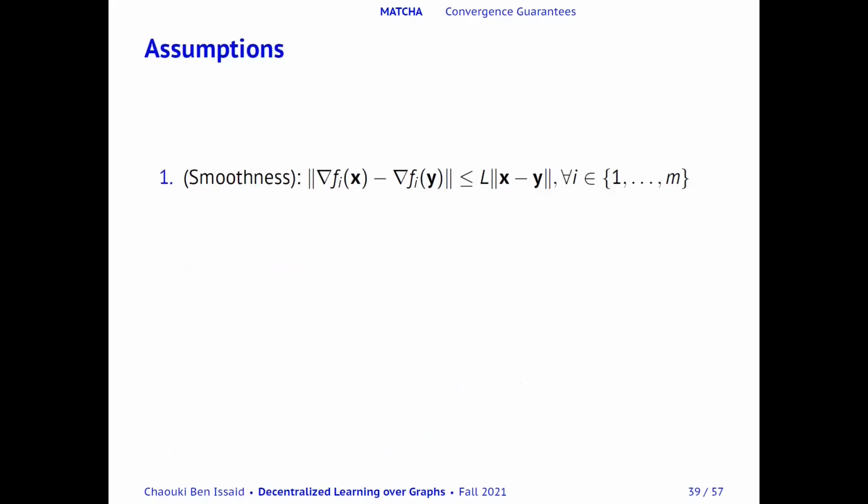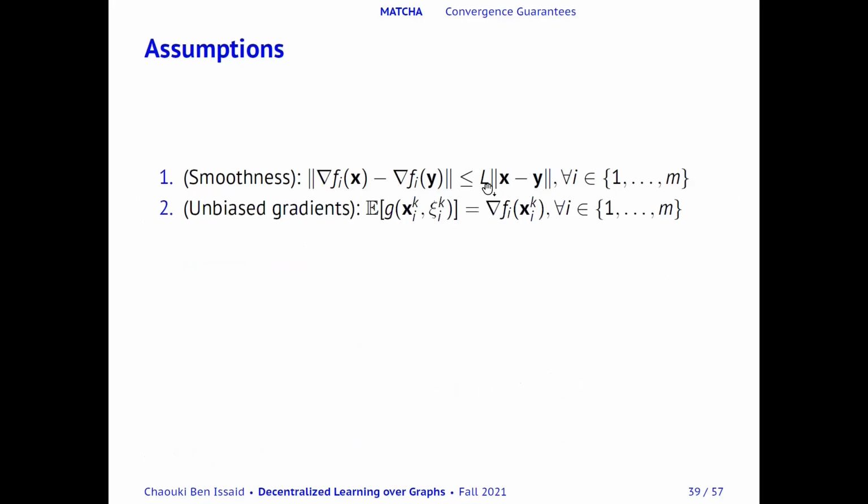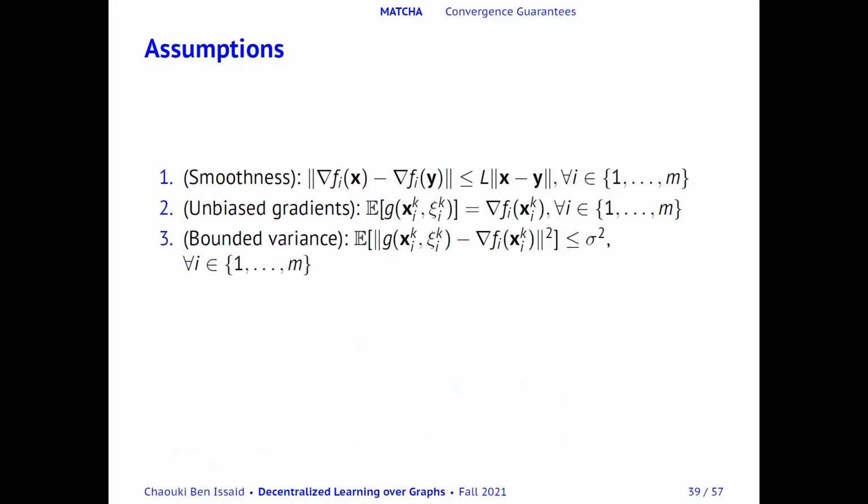Before stating the main convergence theorem of Matcha, we mention here the main assumptions used in the convergence analysis. First, it is assumed that the local loss functions f_i are smooth with Lipschitz constant L. Second, the stochastic gradients are assumed to be unbiased and to have bounded variance.